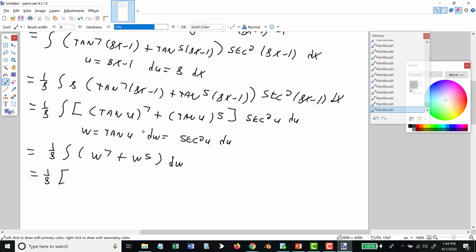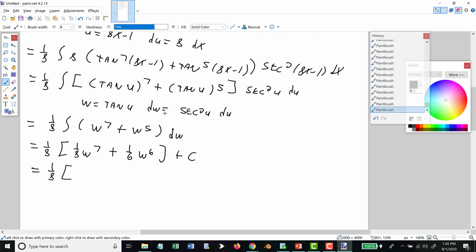So we add 1 to my power, divide by my new power. Add 1 to my power, divide by my new power. Plus c. Now we're going to plug in our w. W we said was tangent. So we're going to have 1/8 tangent to the 7th power, u, plus 1/6 tangent to the 6th power of u, plus c. Then we'll plug our u back in.